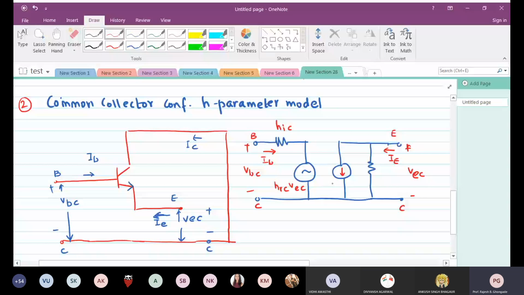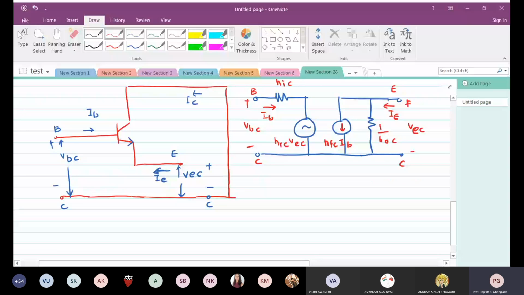HFC into IB. And what will be this? 1 by HOC. Correct. So this is the H parameter equivalent model for the transistor in common collector configuration.